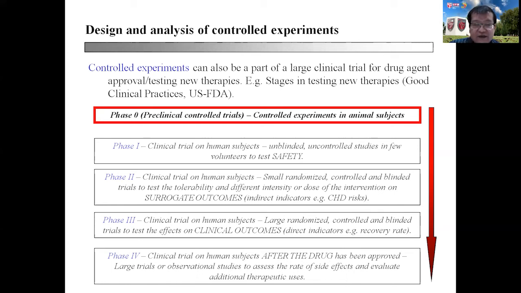We can have phase 0, which is essentially a preclinical controlled trial, done as a control experiment in animal subjects, followed by phase 1, phase 2, phase 3, whereby the drug or the agent is submitted for review, and phase 4, which is actually conducted when that particular agent has been approved.